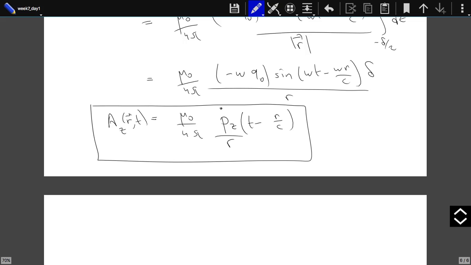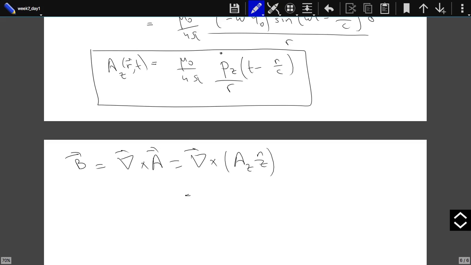Now let's start with B. B is equal to the curl of A. And keep in mind, A only has the z component, so this is the curl of A z in the z direction.